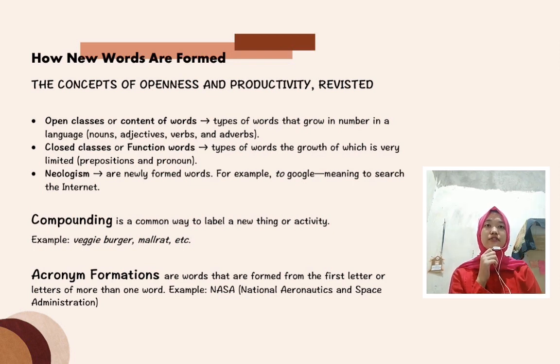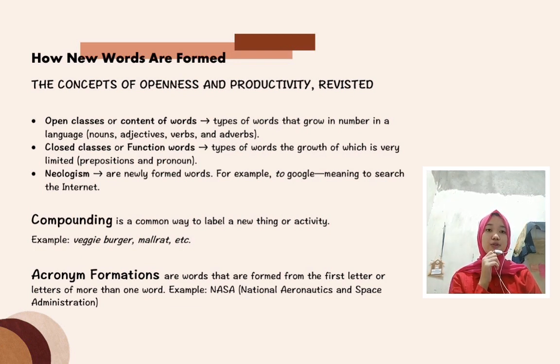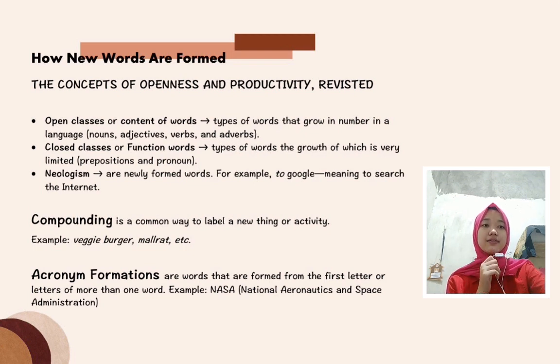The meaning of this word is a vegetarian patty that can be substituted for the meat in a hamburger sandwich. Another example is the word greenhouse, which also has two morphemes, green and house. Greenhouse is something different from a house that's green. It's actually a new word derived by compounding.